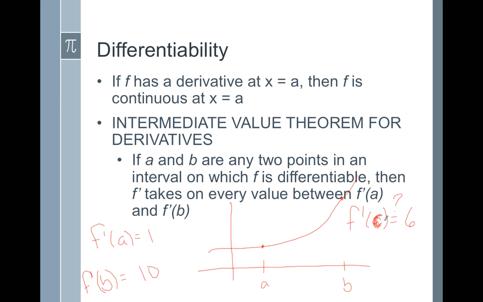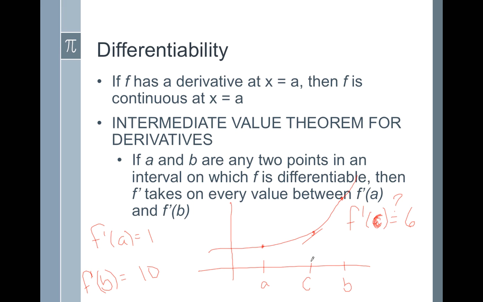Is there some C value whose slope is 6? Well, the case is yes, because if the slope is 1 at A and the slope is 10 at B, at some point there had to be some C value whose slope is 6. That's basically what it's saying.